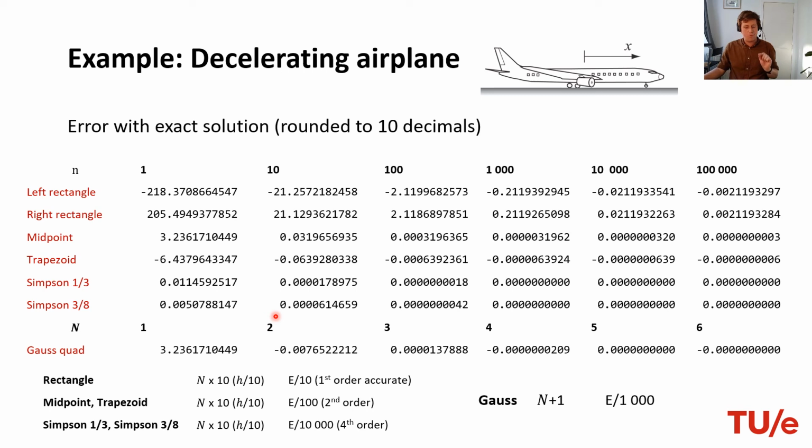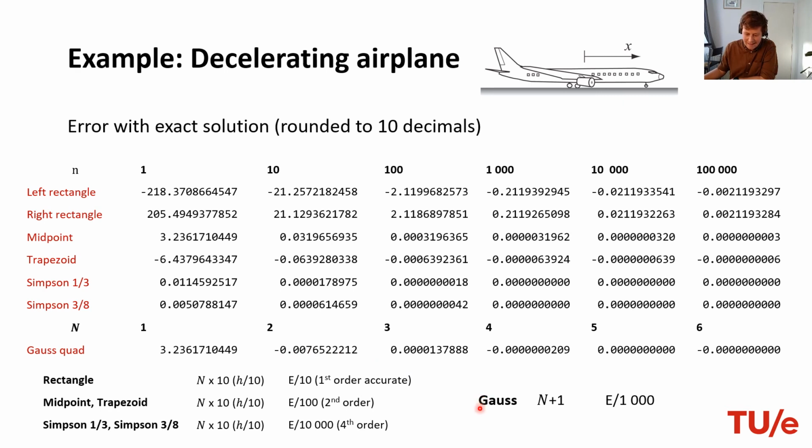We just add one Gauss point in there. So one more function evaluation leads to a drastic reduction in the error. So this is basically a completely different game that Gauss is playing. Gauss quadrature is much more accurate than either of these Newton-Cotes methods. So that's the point that I'm trying to make here.